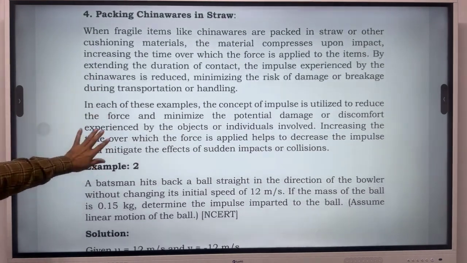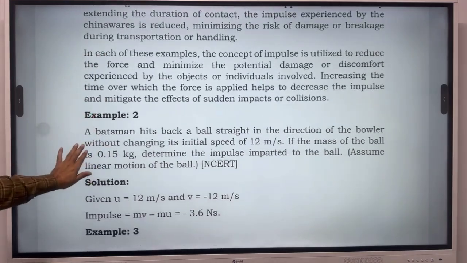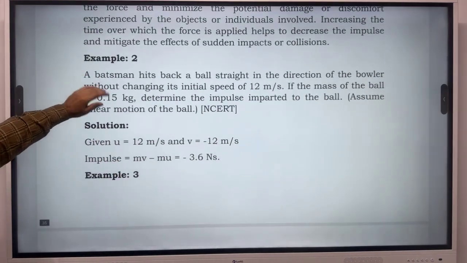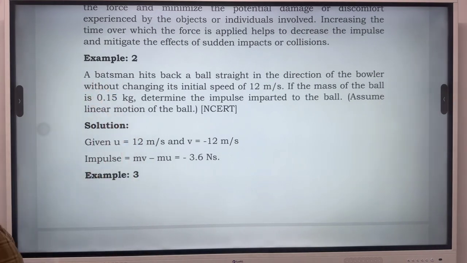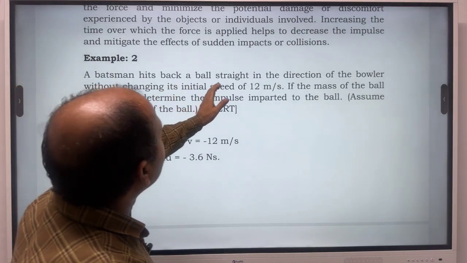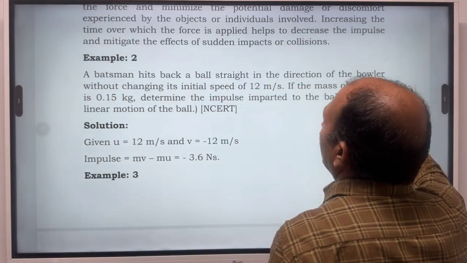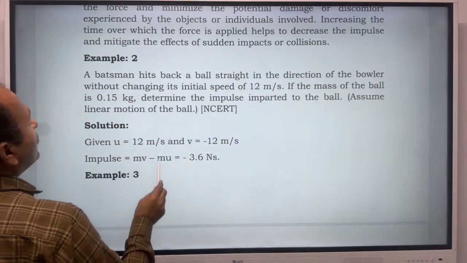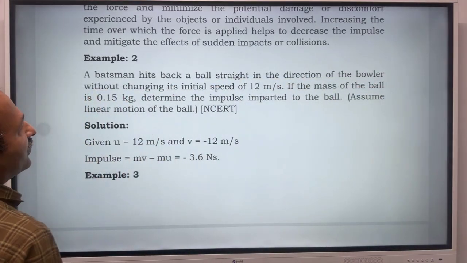Then comes example number 2, in which a batsman hits back a ball straight in the direction of the bowler without changing its initial speed of 12 meter per second.